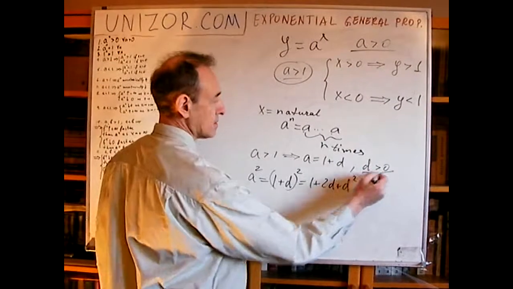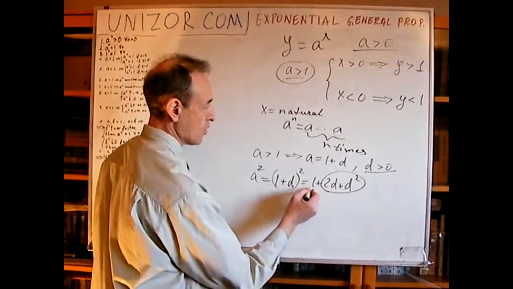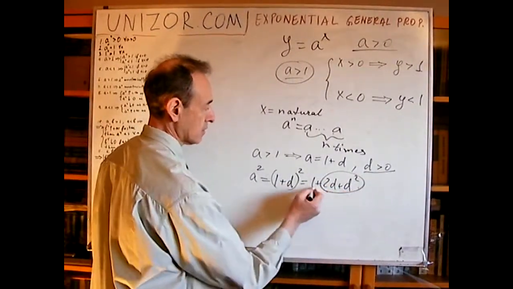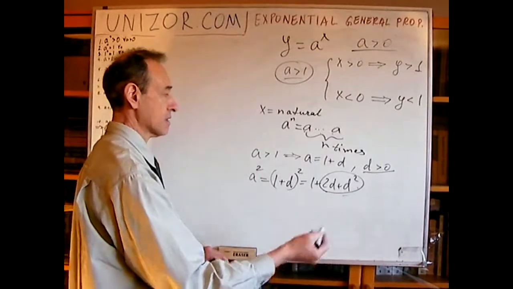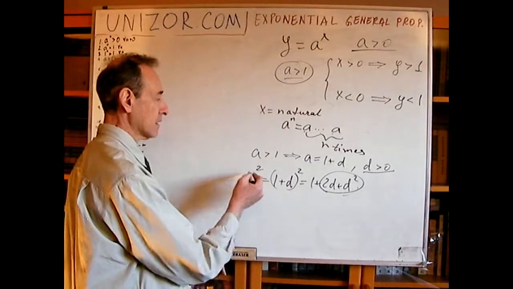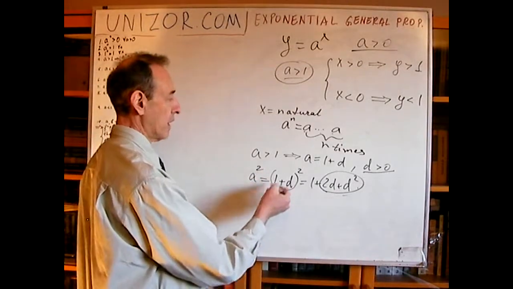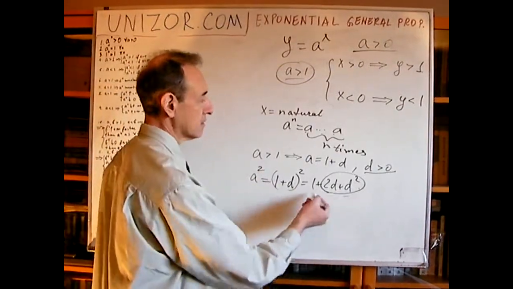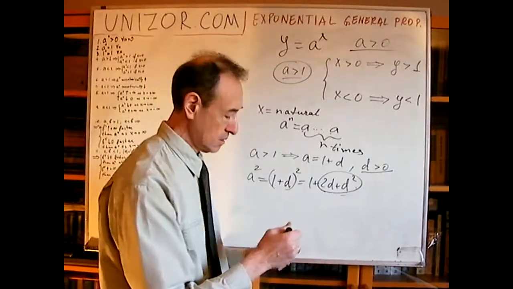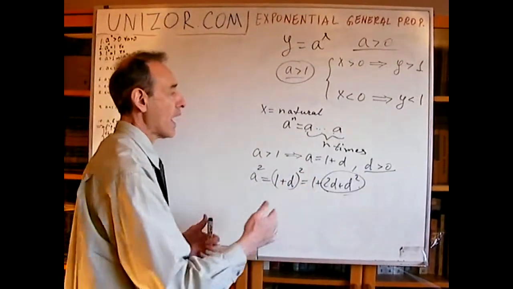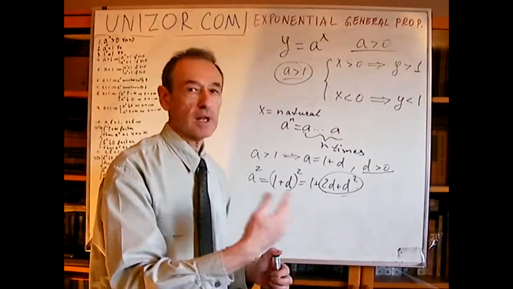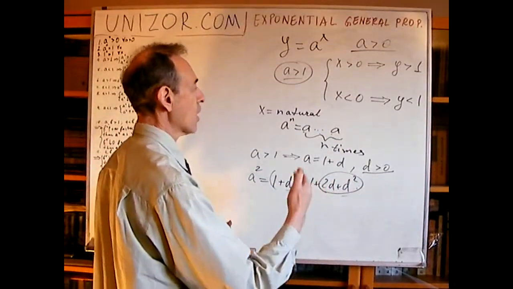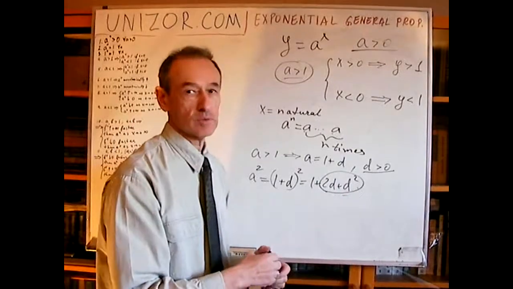Now, d is greater than 0, so we add something to the 1, which means we are getting a number greater than 1. So multiplying a number greater than 1 by itself 2 times will result in a number even greater than 1. Well, basically this is the way we can prove that any number of times we are multiplying a number by itself, we will get a number greater than 1.